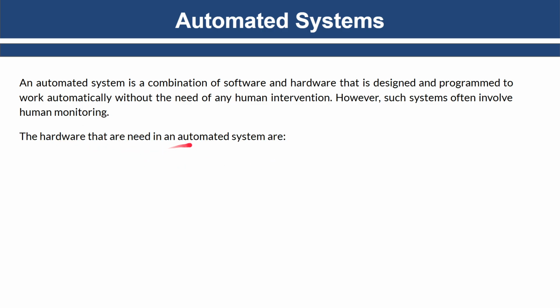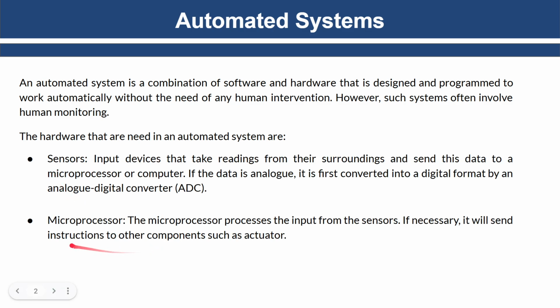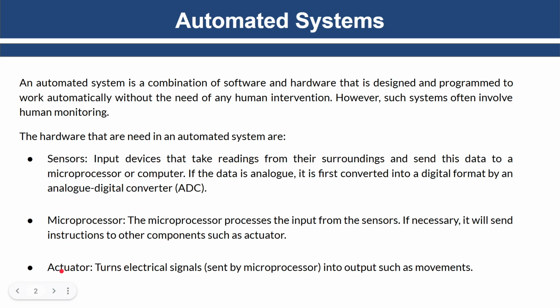Now, the hardware that are needed in an automated system are sensors, microprocessor, and actuator. What is a sensor? A sensor is an input device that takes readings from their surroundings and sends this data to a microprocessor or a computer.